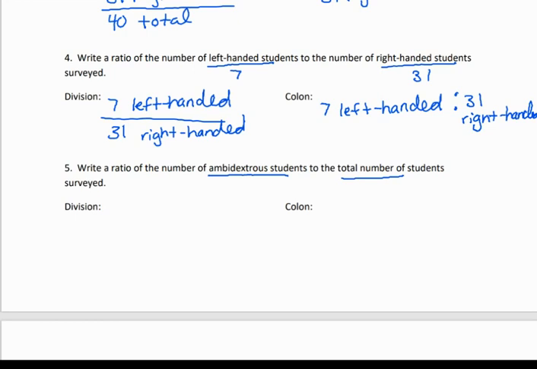I've got 1 answer so far, 2 answers, 3 answers, 4 answers. Good, and they're looking good. Everyone who's participated so far, we're at a good start.